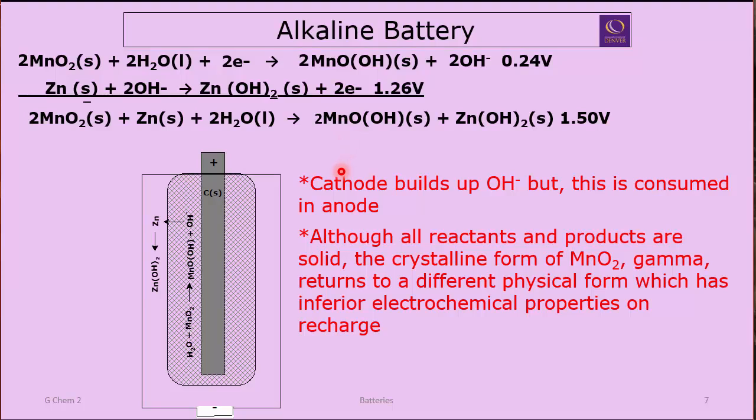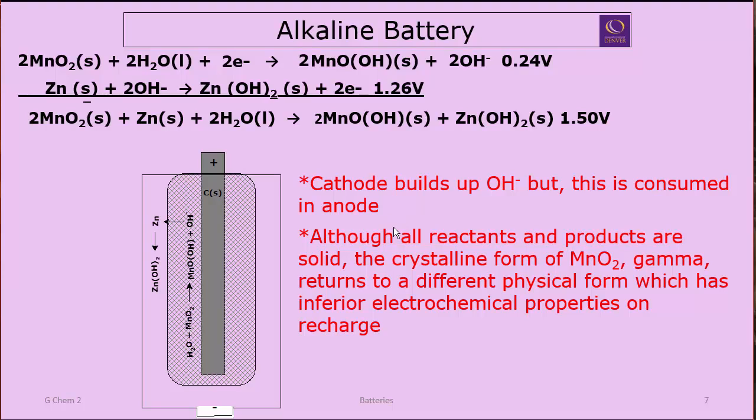So from what I understand, the favored form, the gamma form, doesn't return, but returns to a different, less electroactive form physically when it gets converted.